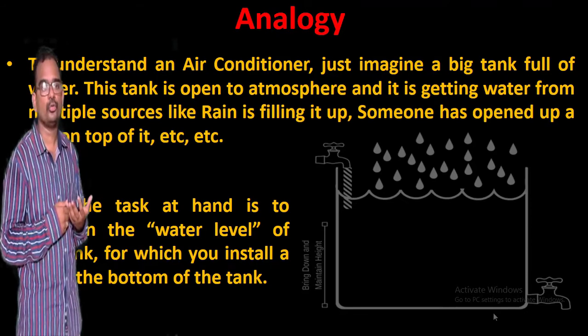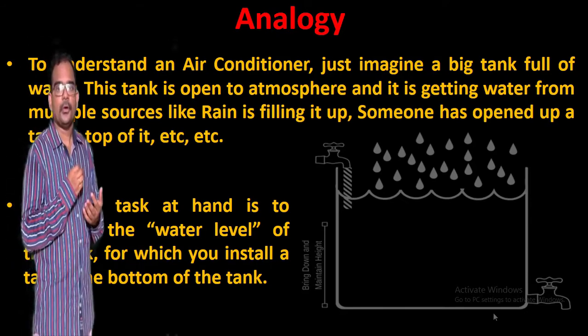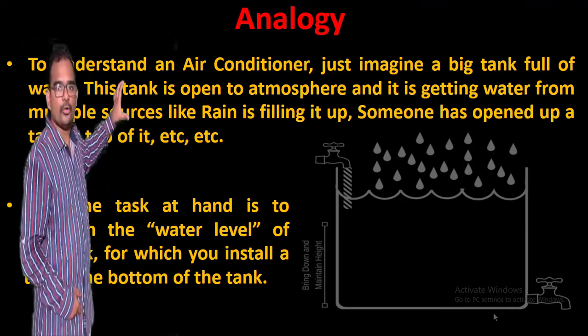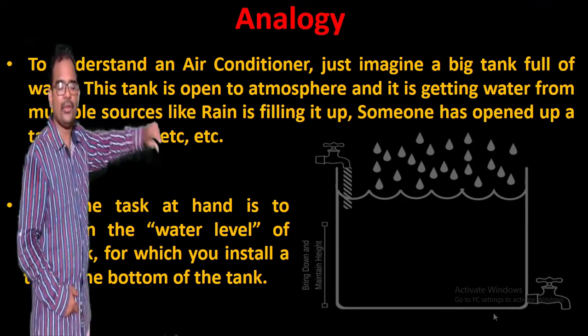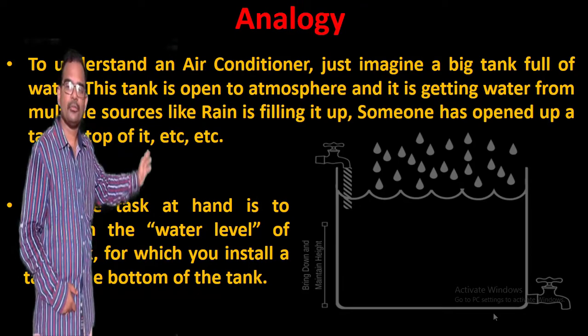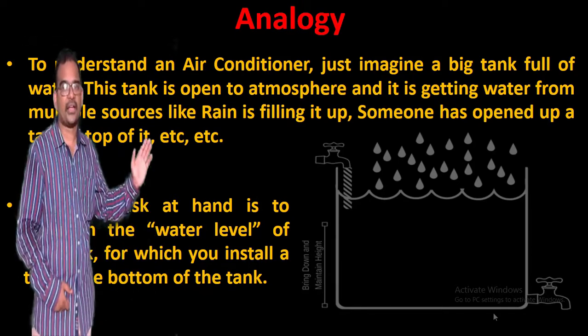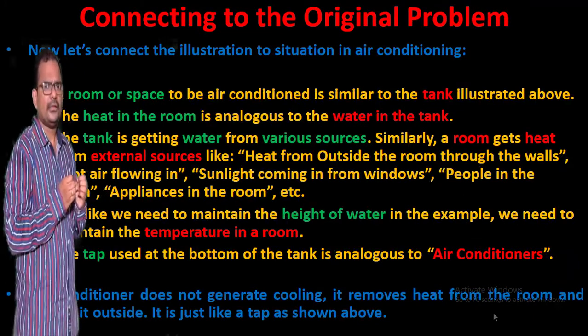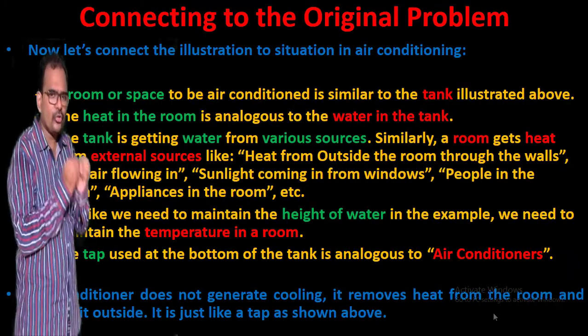Then what we have to do? For that purpose, we have installed a tap at the bottom of the tank. Whenever the water level exceeds, we will turn on the bottom tap, and automatically the water will be drained from this tank and the water level is maintained. So now let's connect the analogy to the actual problem.